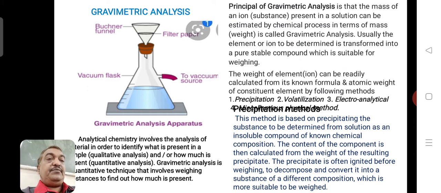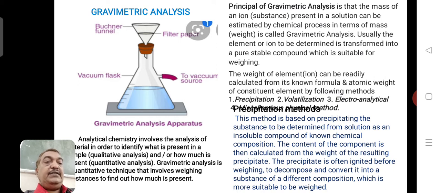method. In the precipitation method, the substance to be determined is taken in the form of a solution. To this, a substance called a precipitating agent is added, and then you get a particular mass of substance settled at the bottom of the container.